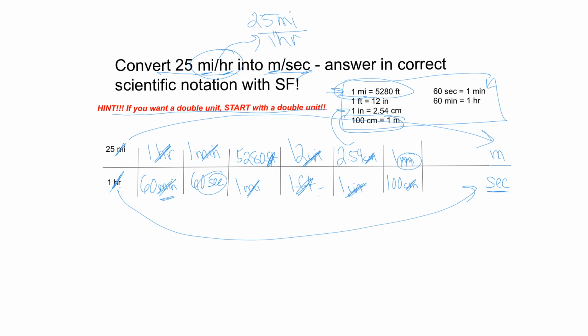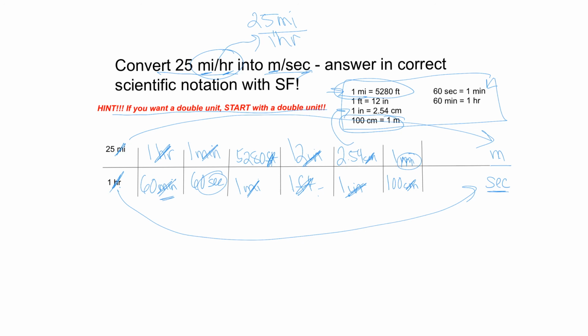So now what I'm going to do is I am just going to do my math, okay? So I'm going to say, what do I have on the top? So I have 25 times 5,280. I'm actually doing this right now.